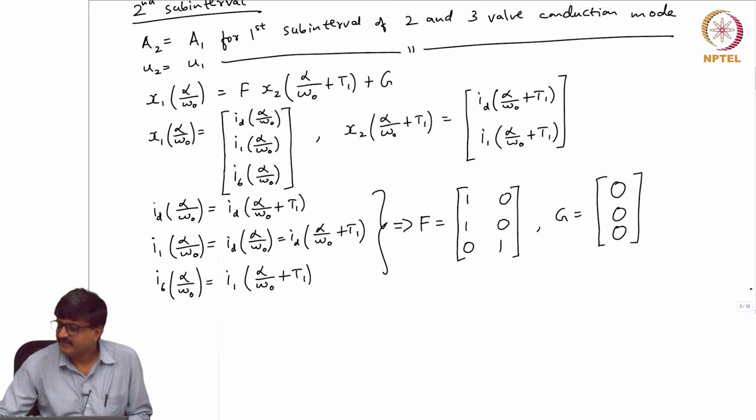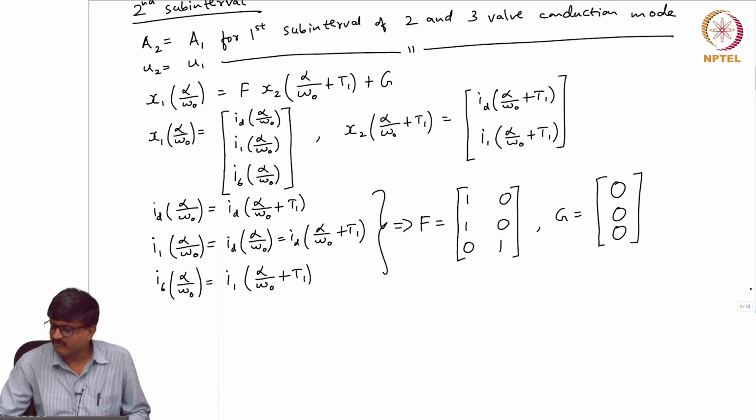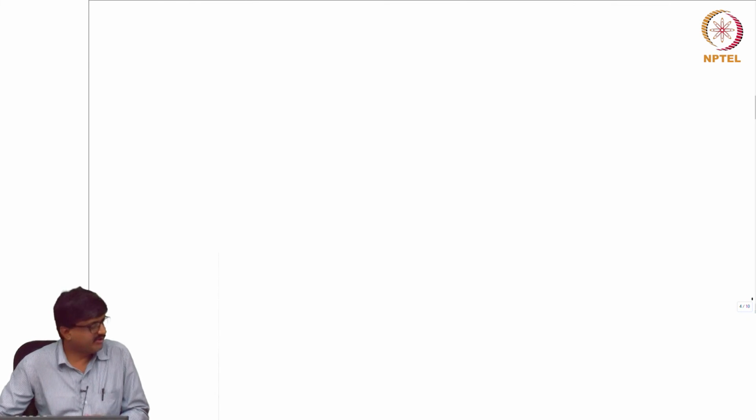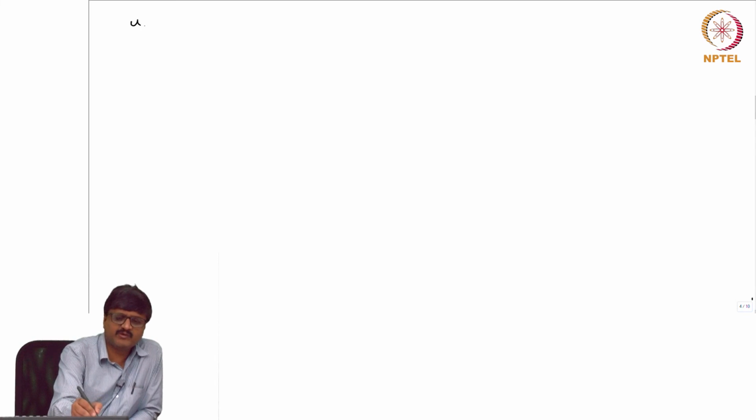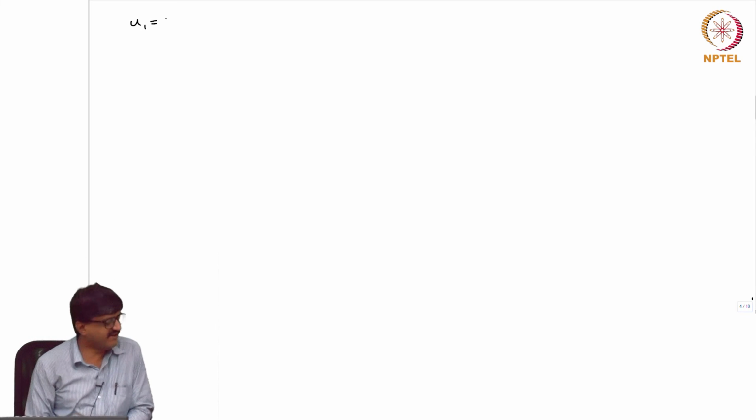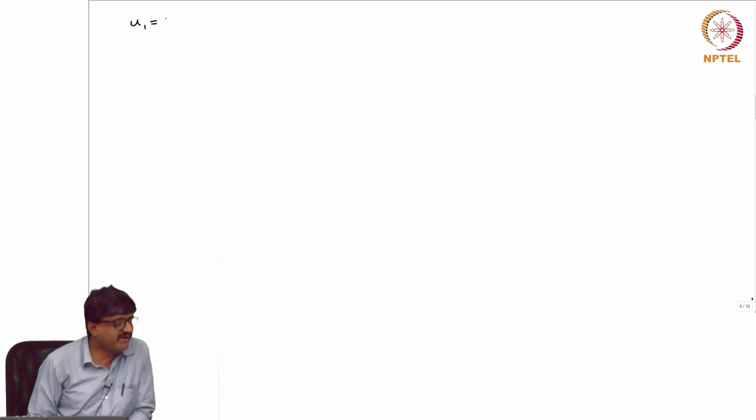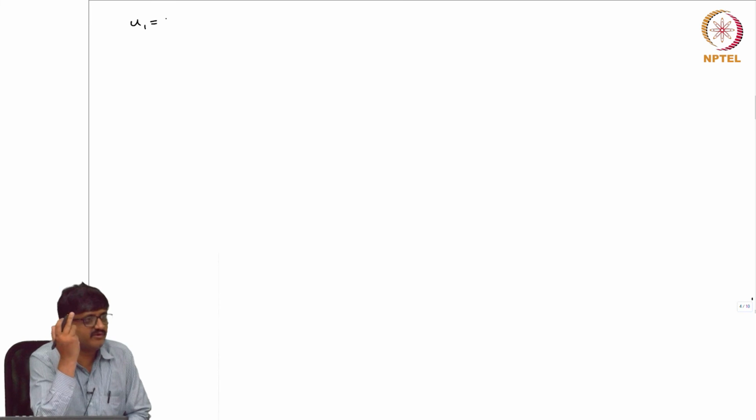That integration will involve u1 and u2. If you look at u1, in general this u1 depends on what is there on the DC side and what is there on the AC side. On the AC side what you have is only sinusoidal voltage sources.